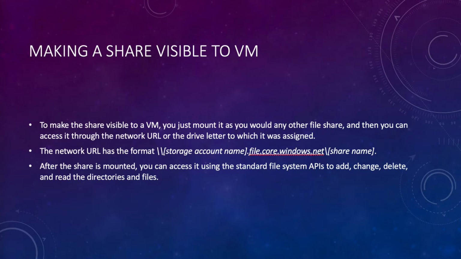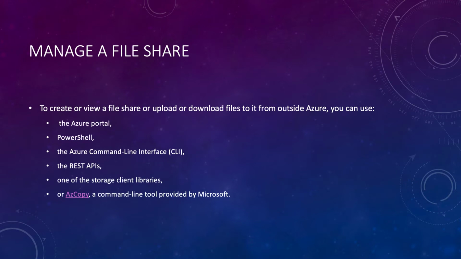So let's see how we create and view a file share. To create or view a file share, or upload or download files to it from outside Azure, you can use multiple different tools.